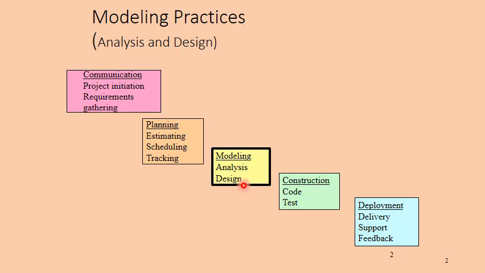So basically, in the analysis model we have three different domains. We are talking about analysis only, and we will see it in detail. When you perform the analysis task, you will focus on three different domains: first is the information domain, second is the function, and its behavior.